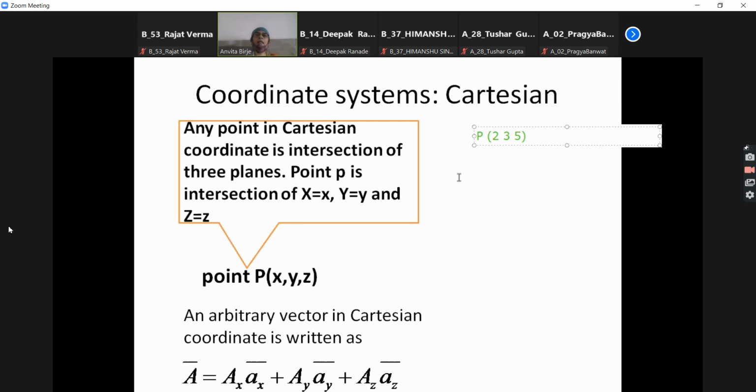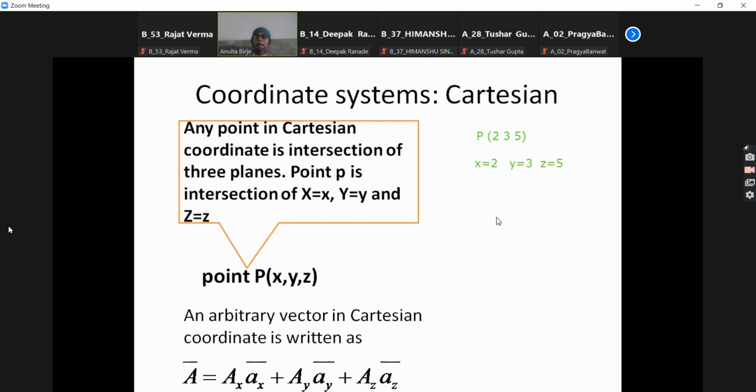This point P is an intersection of x is equal to 2, y is equal to 3, and z is equal to 4. ये तीन planes को जो intersect करता है, देखो.